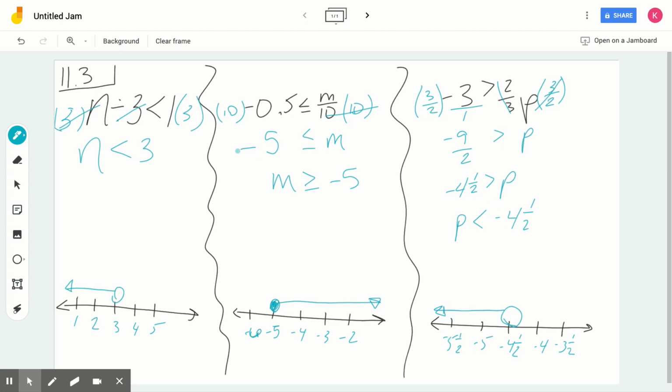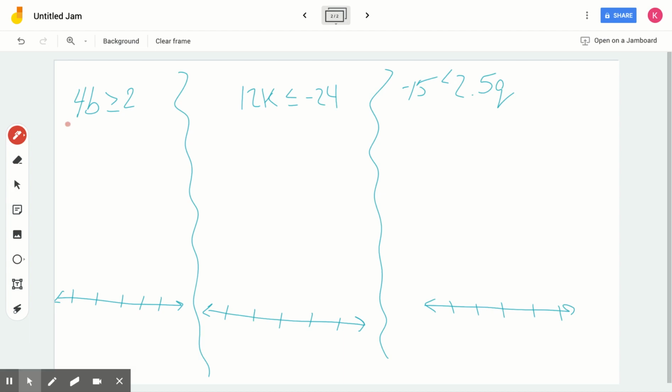Now notice here how each time we multiplied or divided by a positive number. Now, if you look on the next section, I want you to go ahead and try numbers 4 through 6.